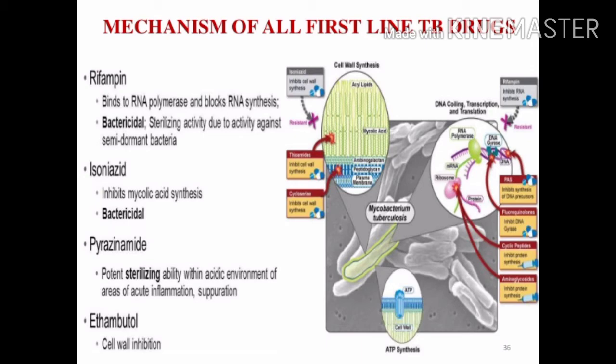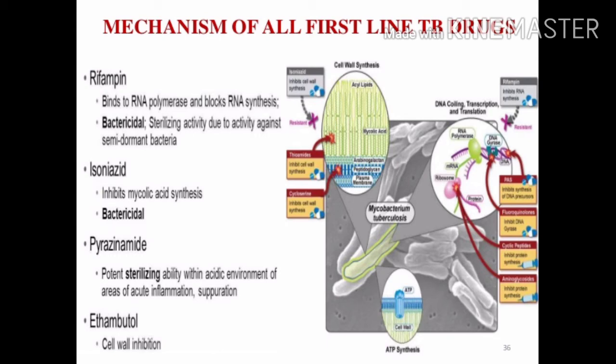It is also the most active drug for the treatment of tuberculosis. It is a prodrug, which means it requires activation by the enzyme mycobacterial catalase-peroxidase, KatG. After oral administration, it is well absorbed, widely distributed in the body, with good CNS and macrophage penetration. That is the mechanism of action of isoniazid.